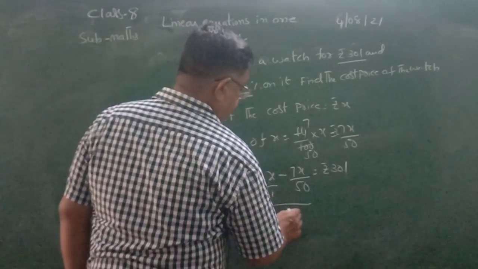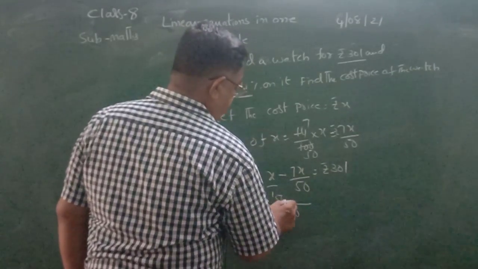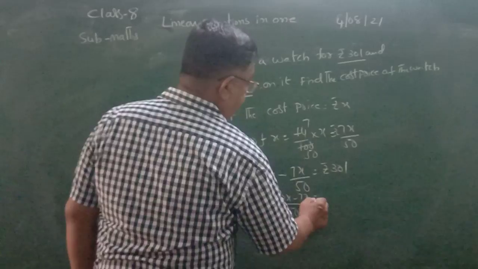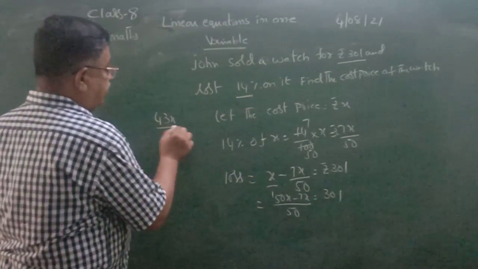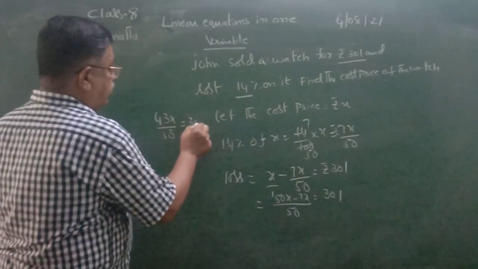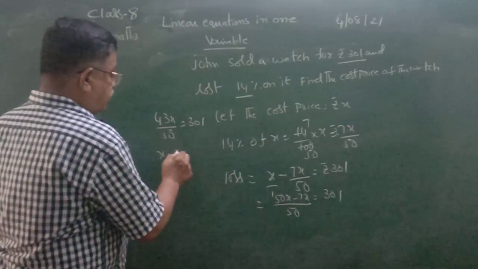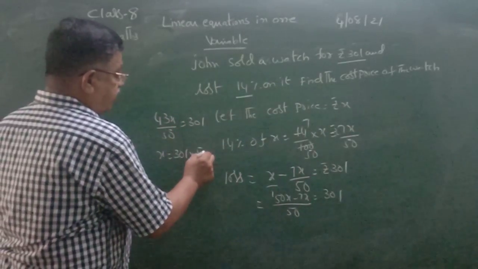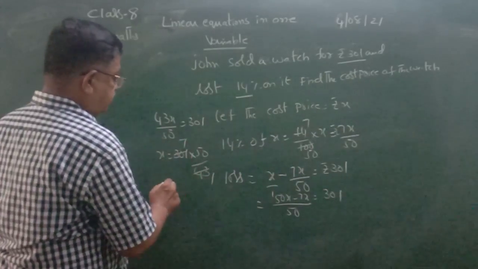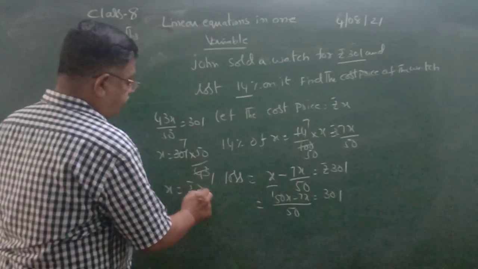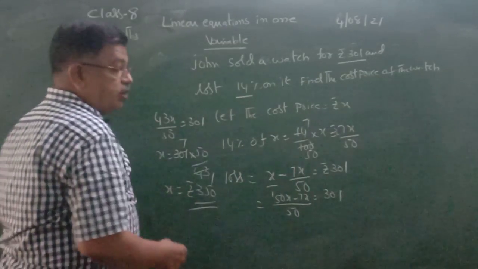So x by no number means 50. 50x minus 7x by 50 equal to 301. We will write here 43x by 50 equal to 301. X is equal to 301 into 50 by 43. 7 table, 43 ones, 43 sevens. So the actual cost of the watch is how much? Rupees 350.